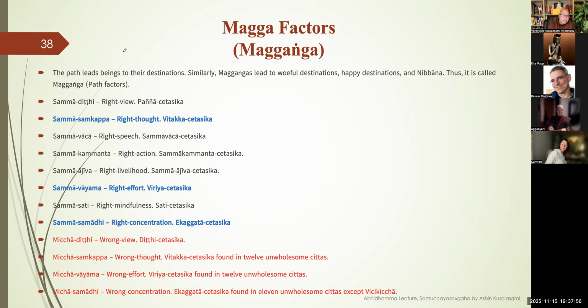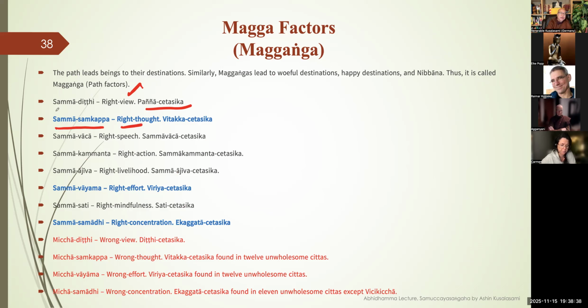Magga factors. The path leads beings to their destinations. Similarly, Maggangas lead to awful destinations, happy destinations, and Nibbana. So that is why it is called Magganga. Samma Ditthi, right view. What is the ultimate reality of Samma Ditthi? It is Panna Cetasika. And Samma Sankappa, right thought.